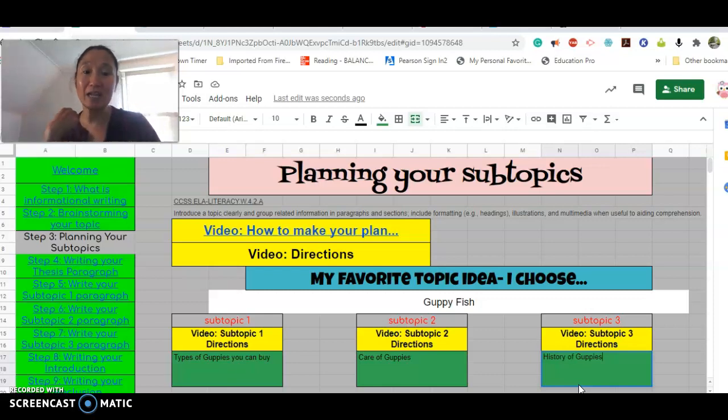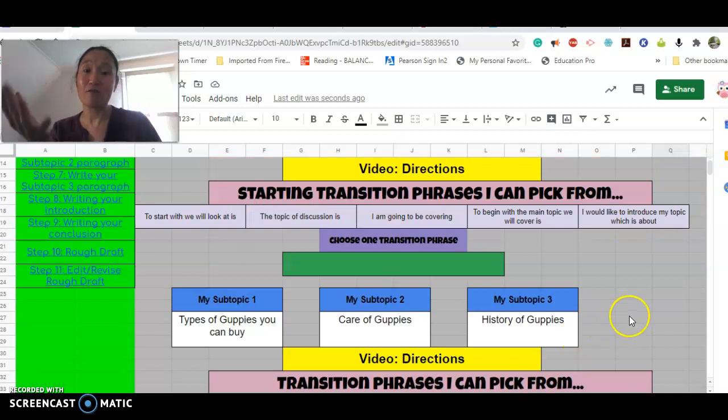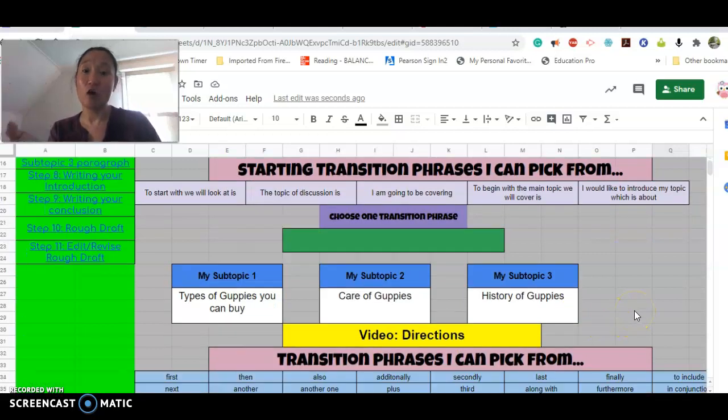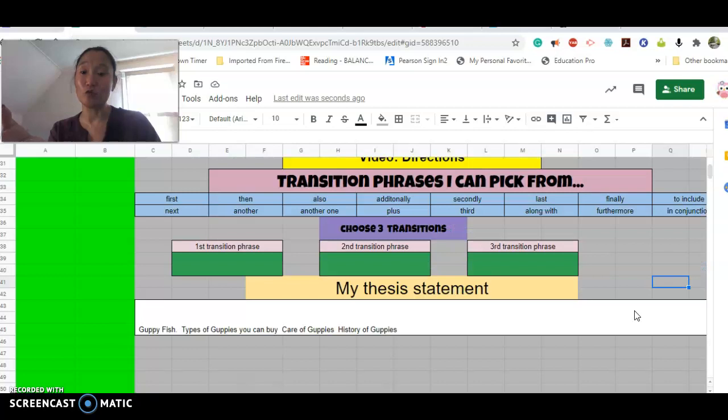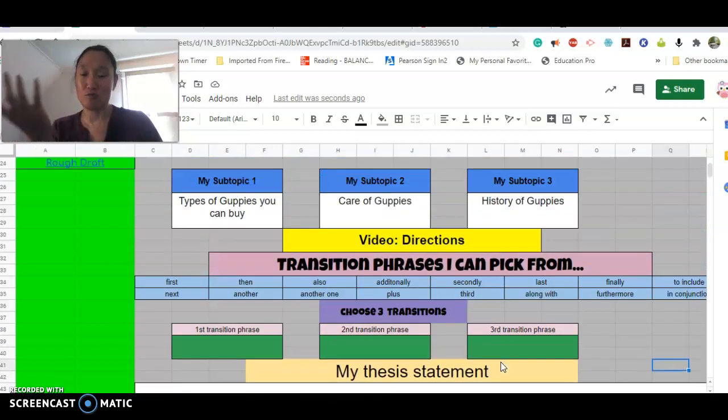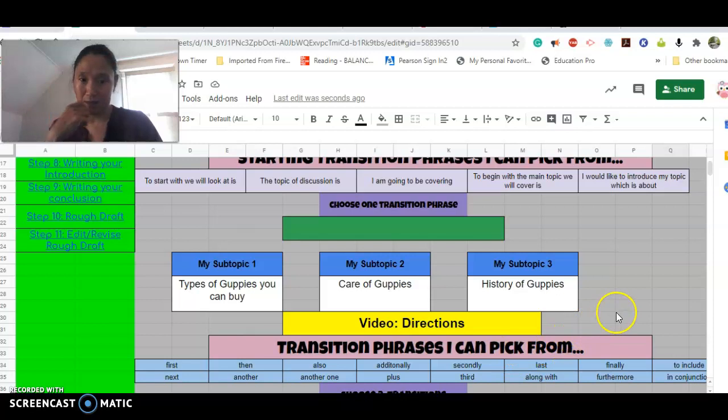So, now that I have my 3 topics, this shouldn't take you very long. If you notice, if you go down to writing your thesis paragraph, then some of this stuff is already starting to flesh in magically. Your thesis statement is starting to appear before your very eyes, which is exactly what I want you to do.